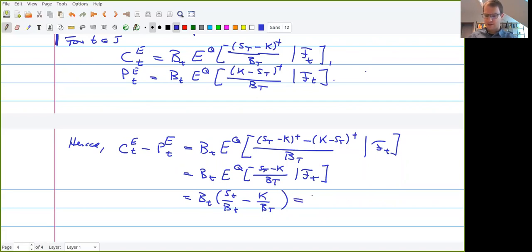Now I multiply this out and I get what I claimed, which is this. Right. So here we are. A quick proof for the put-call parity in the European case. Okay.